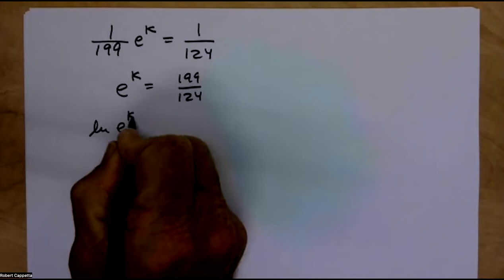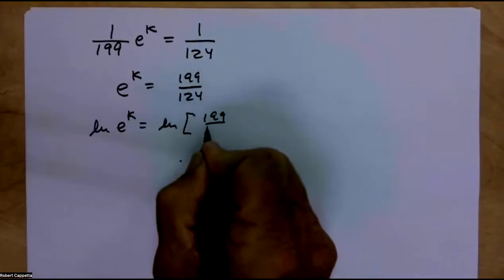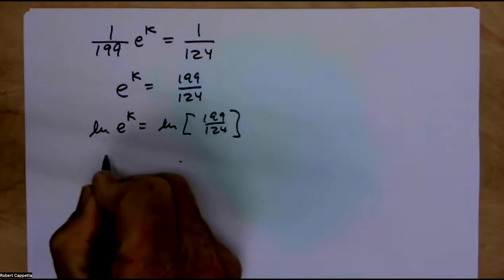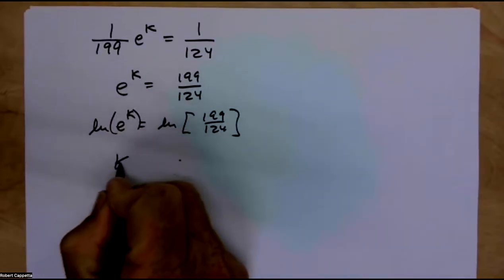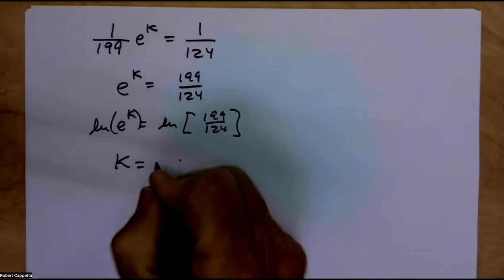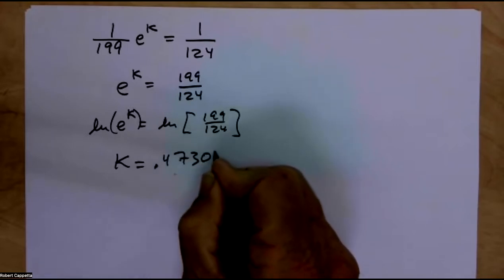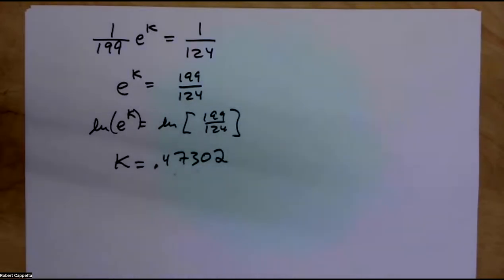Natural log of e to the k is natural log 199 over 124. So k equals what? Natural log 199 over 124 is about 0.47302. It is positive. So we have some kind of a growth thing happening here rather than a decay thing.